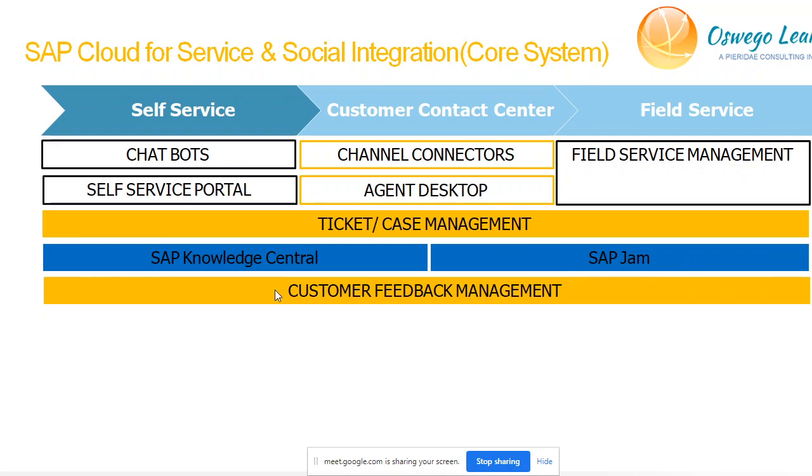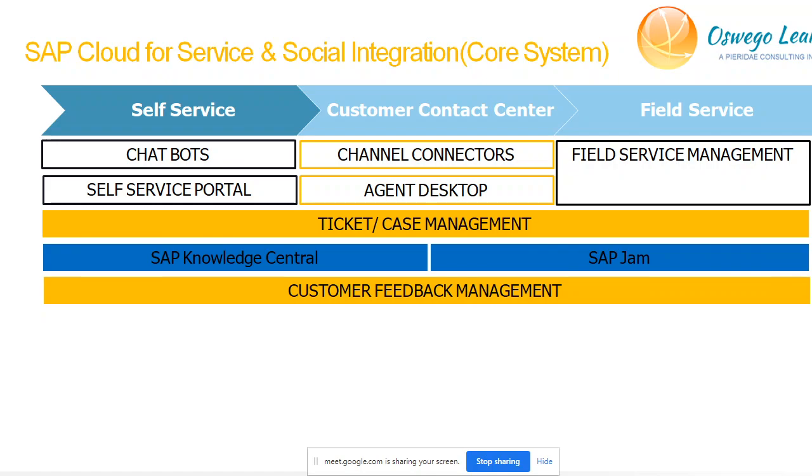And it ends with customer feedback management. After the servicing gets over, the customer can give feedback to the organization on how the service was, whether product tools were available or not. And after that, it ends with the billing part, which is also available.